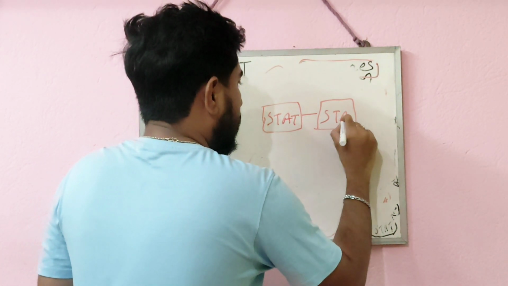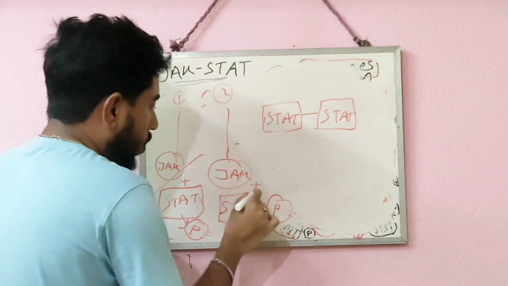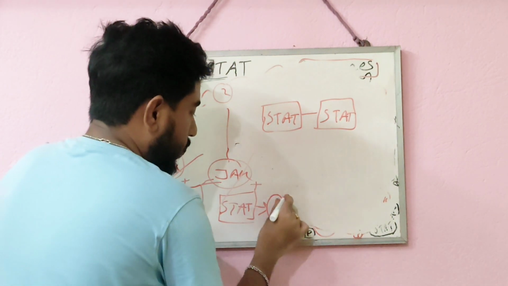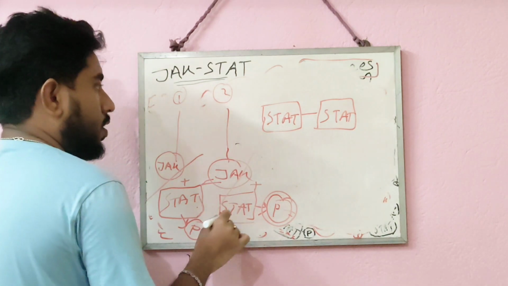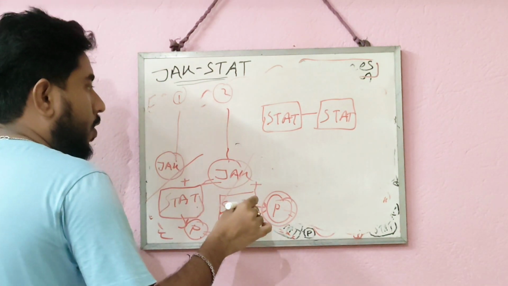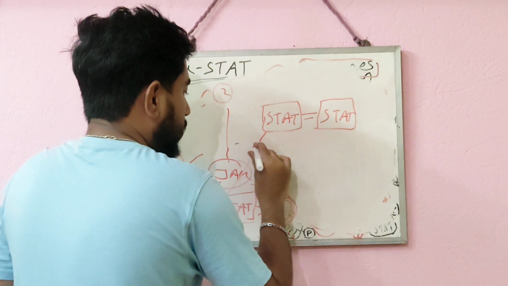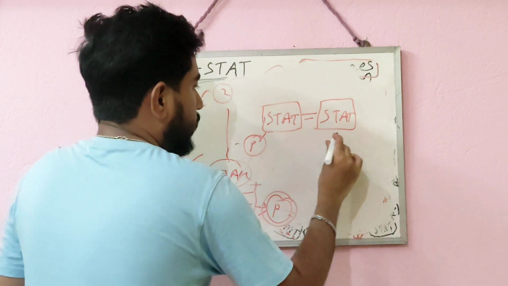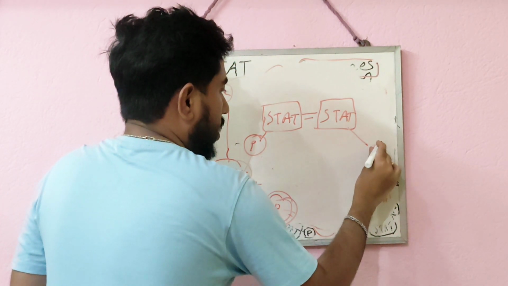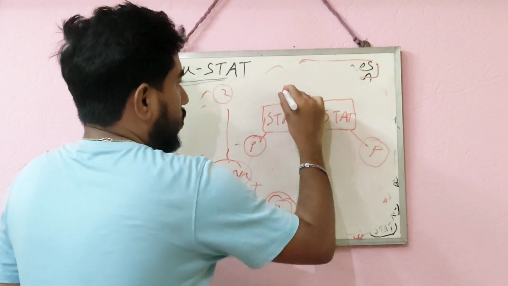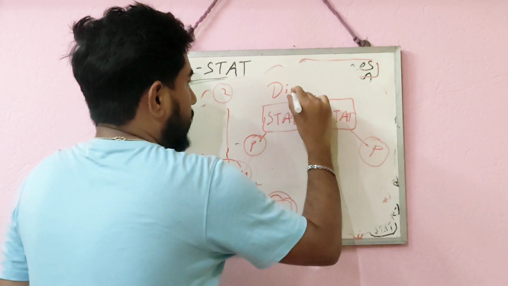And you have to remember, when the Stat is removed from Jak, only the Stat will be removed from Jak, but the phosphate will remain with Stat. So when they are removed from Jak, the two Stat bind with each other with the phosphate, and the Stat will connect with each other and form a dimer.